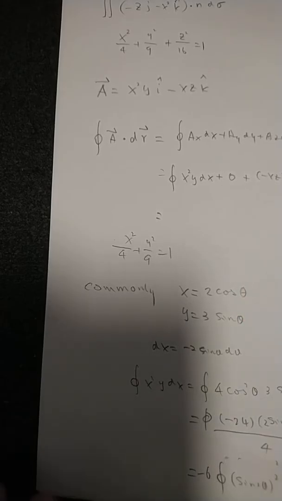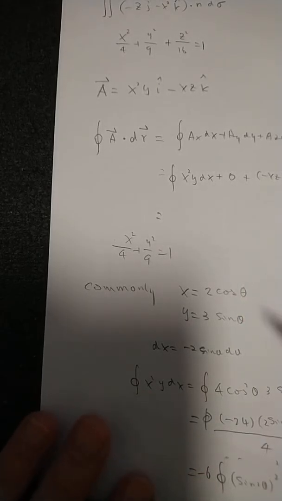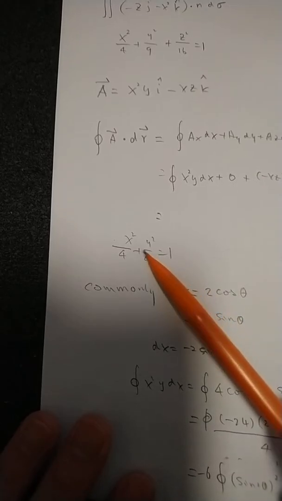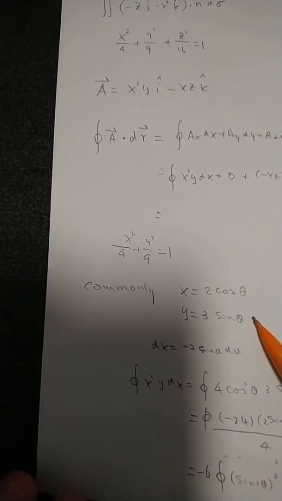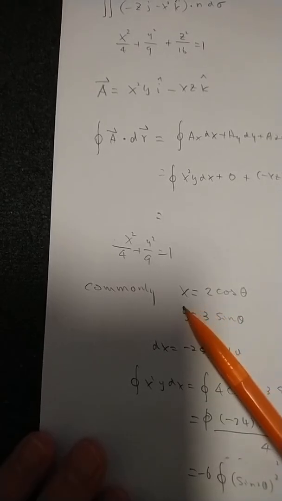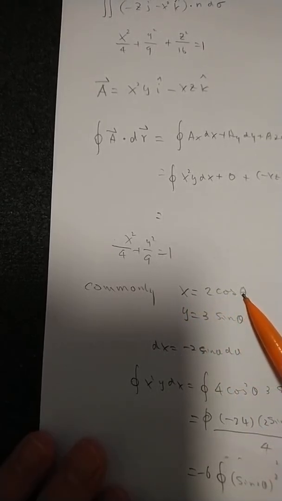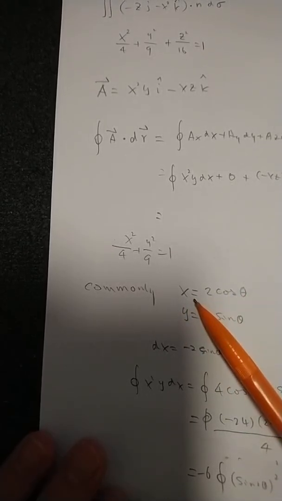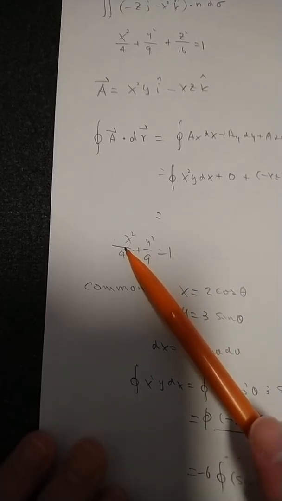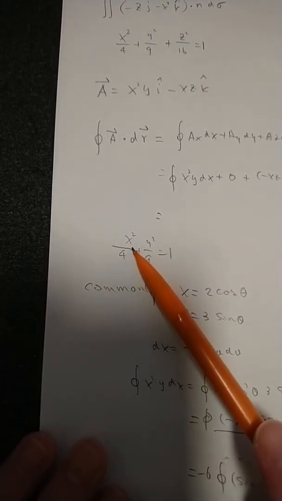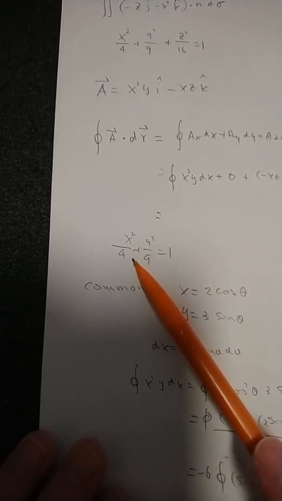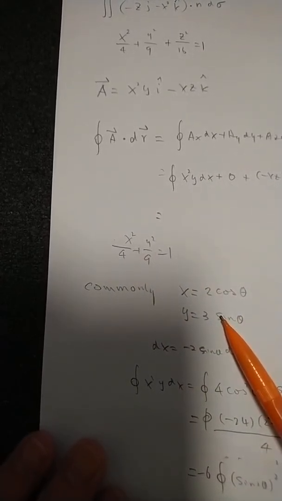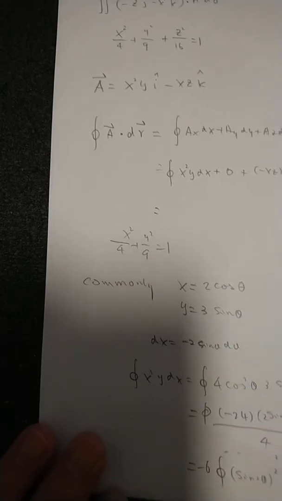This is always a technique: whenever you have an expression like a circle like this, you convert it to polar coordinates. You purposely choose x equals 2 cosine theta. The trick is that if you plug these into this equation, 2 squared is 4, so the 4s cancel out. The first term essentially has cosine squared, plus the second term will be sine squared, because I have 3 here.